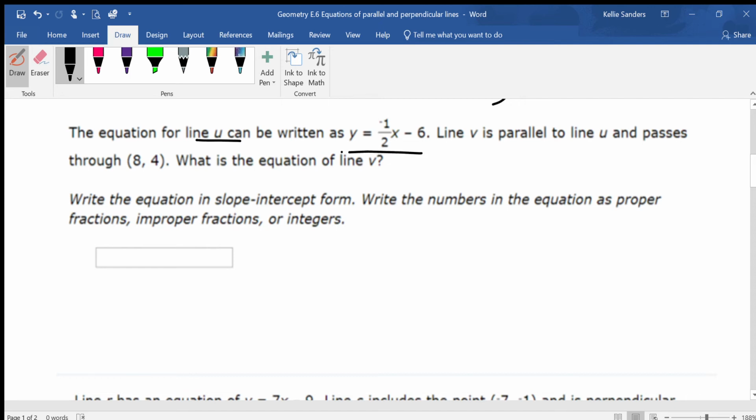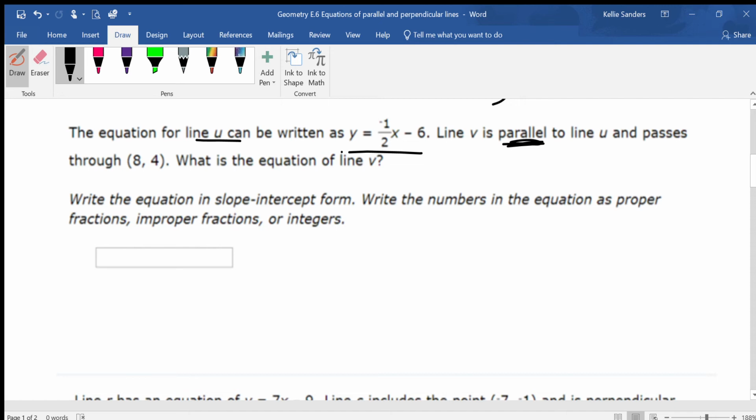I'm going to tell you right now, every single time, whether it's in IXL, a textbook, or the ACT, if you do these problems enough, you're going to figure out that the only thing you need from that first sentence is the slope. The -6 has nothing to do with the problem whatsoever.